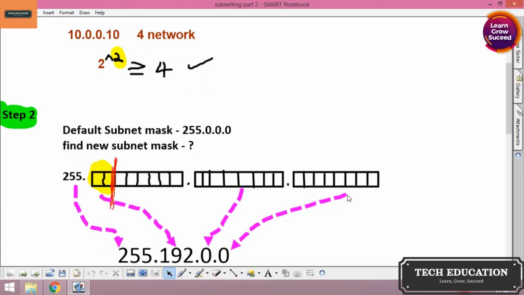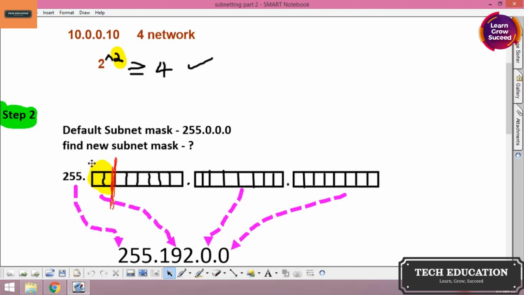Now, what is the network portion? Here 255 is the default portion. The increment value is 2, so we borrow two bits from the host portion.